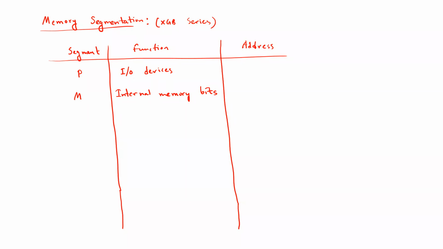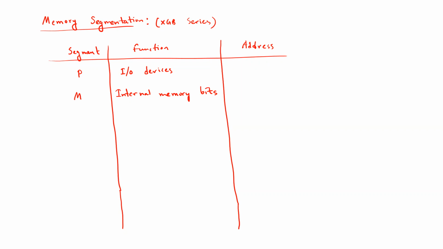In the previous examples that we have seen, we have directly related the input port with the output port, but it might be necessary that in between the input and output there might be some intermediate stages or some intermediate operations needed to be done. So if that is the case, then the internal memory bits can be used.